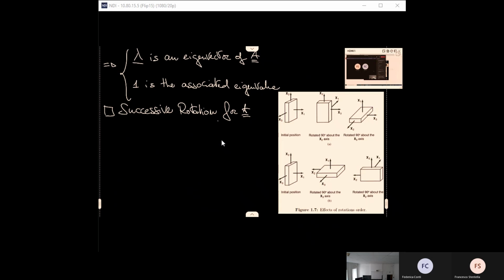All right, so let's see this in a more mathematically consistent way. One way that we can describe this is the following.